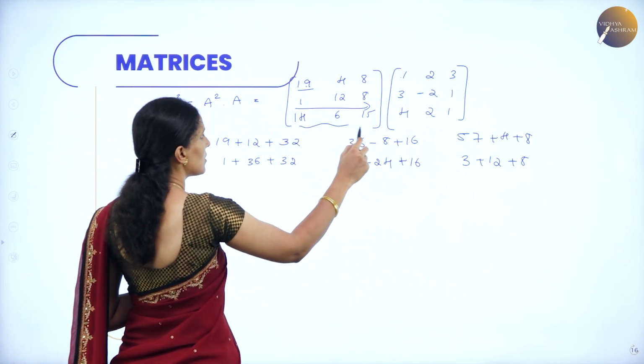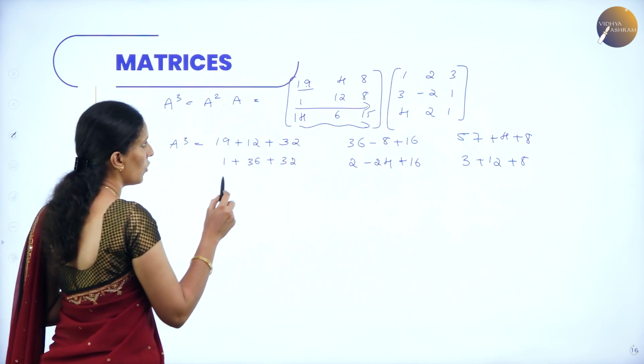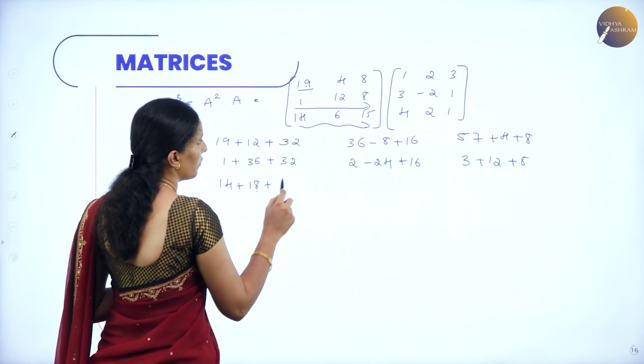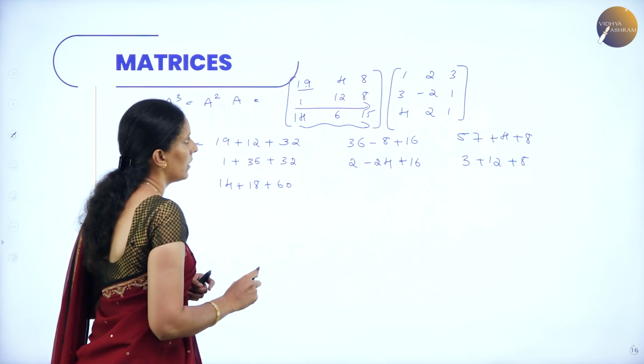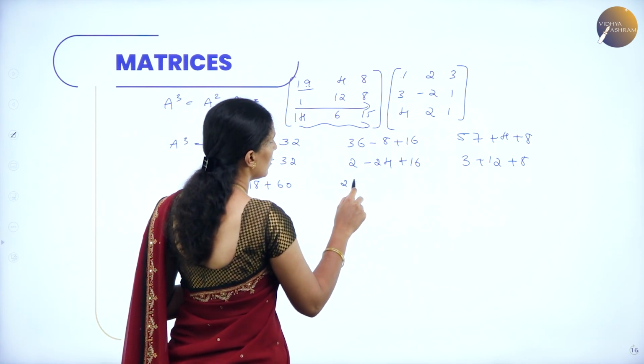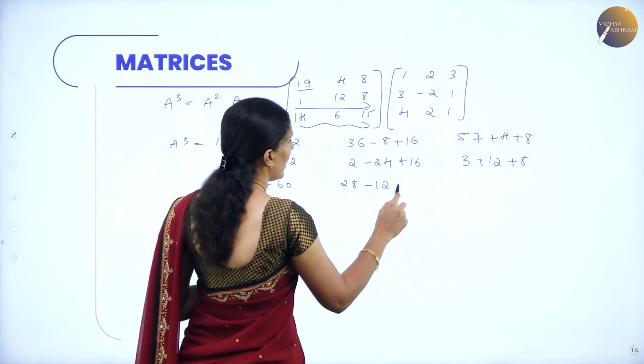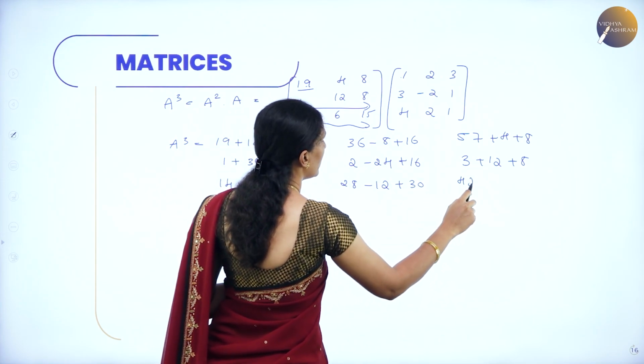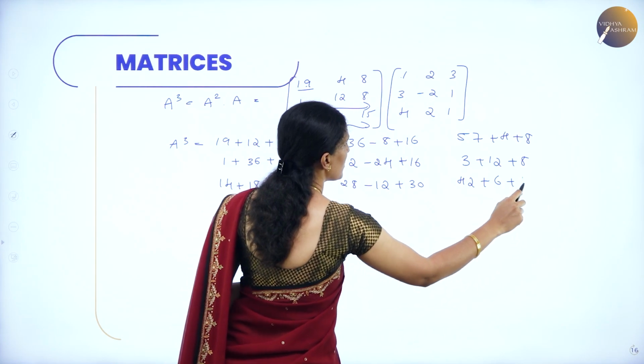Next, the last row with the 3 columns. 14 ones are 14, 6 threes are 18, 15 fours are 60. 14 twos are 28, minus 12 plus 30. Next, 14 threes are 42, plus 6 plus 15.